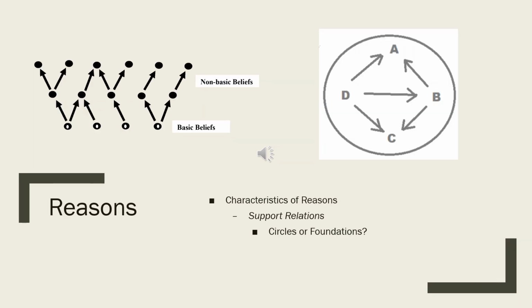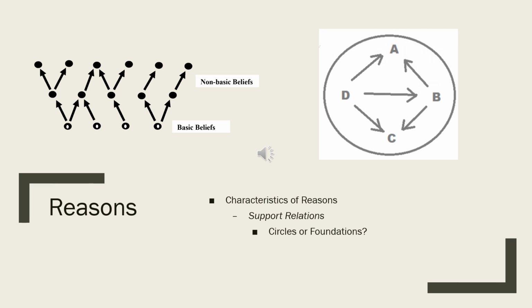Now, when it comes to asking for reasons for a particular belief, we need to recognize a couple of different ways of thinking about how beliefs can be supported by reasons. There's two different pictures that are often given for how support relations, how justification relations actually work.